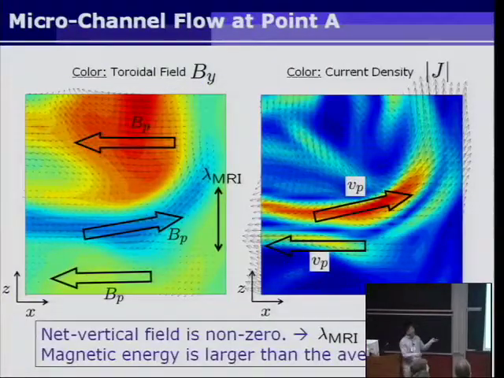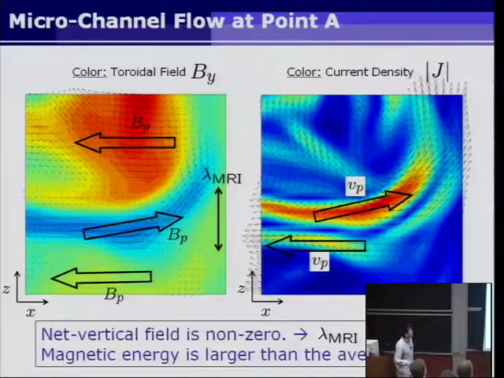We look at these two examples, locations A and B. This is an example with a local channel flow growth, I guess. The color is the toroidal magnetic field, By, and the arrow means the poloidal component in this plane. The important point is that the net vertical field is non-zero in this local region, and the size corresponds to this length scale, which is quite comparable to this structure.